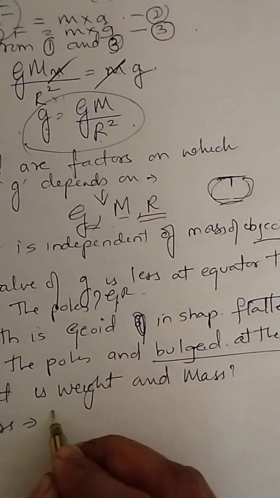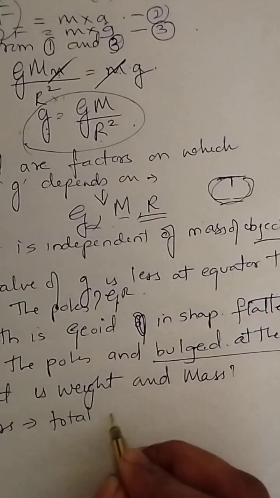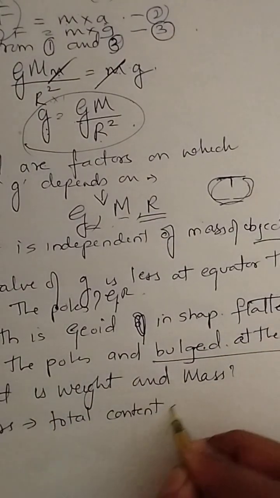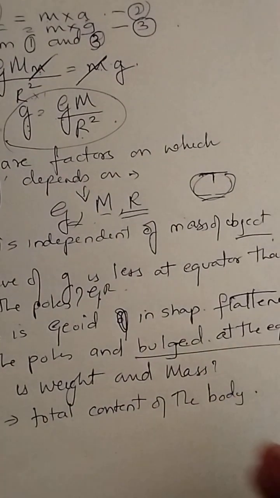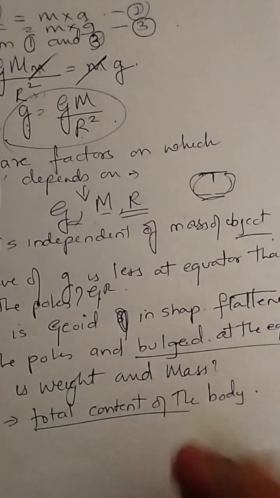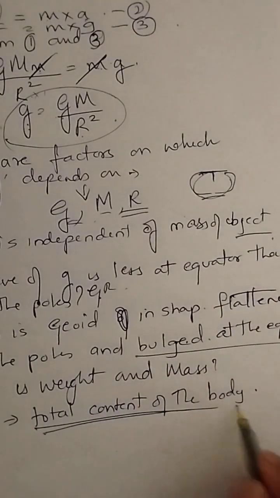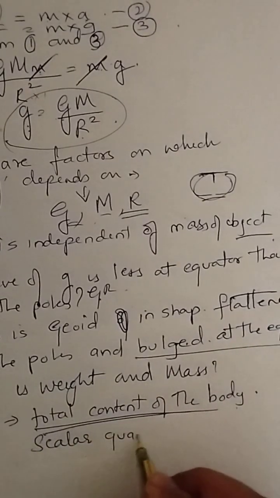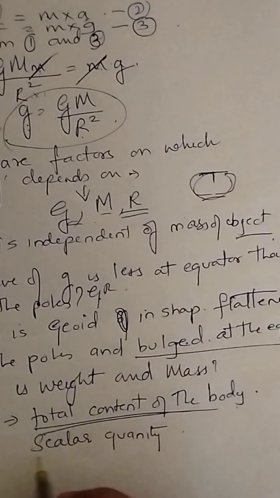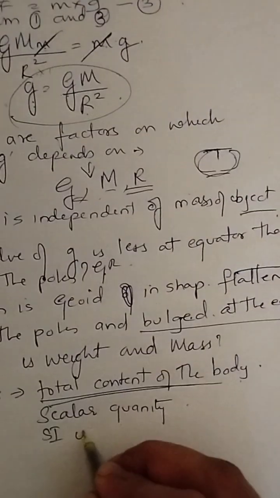Mass is the total content of the body. Remember, it's a scalar quantity, and the SI unit is kg.